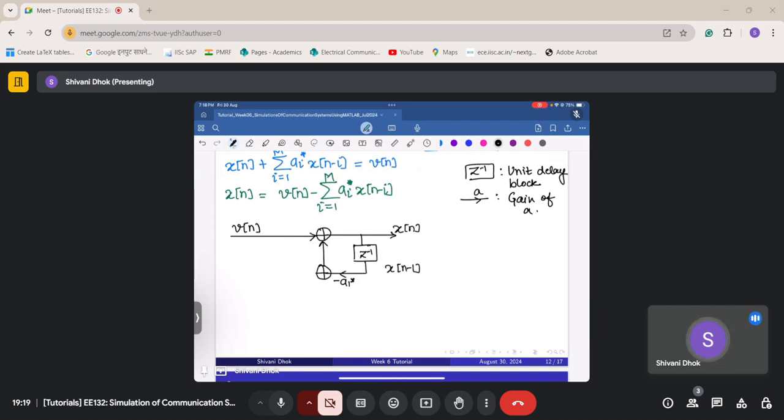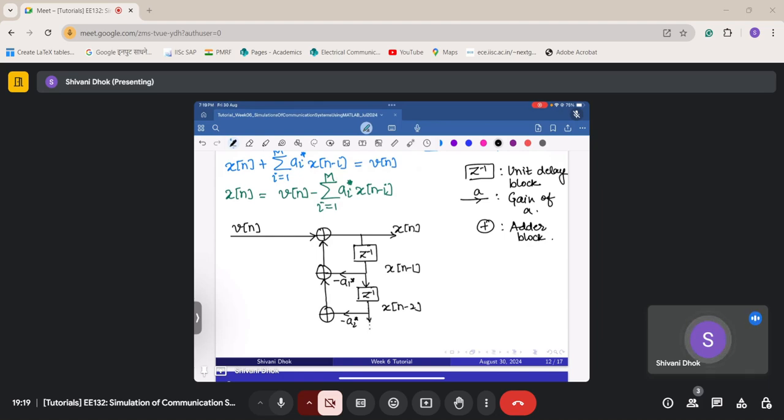But we have more terms. So then we have z inverse here. This will give me x of n minus 2. So here I have x of n minus 1, I'll delay it by 1 unit. So this thing is the adder block. And then this gets multiplied by minus a2 conjugate and again gets added.